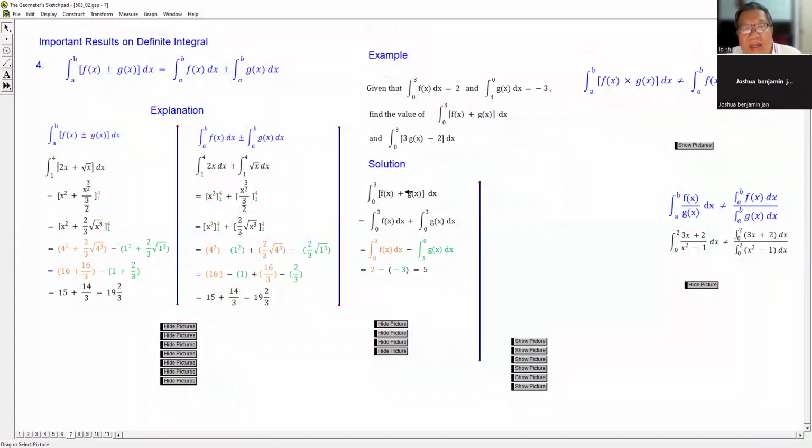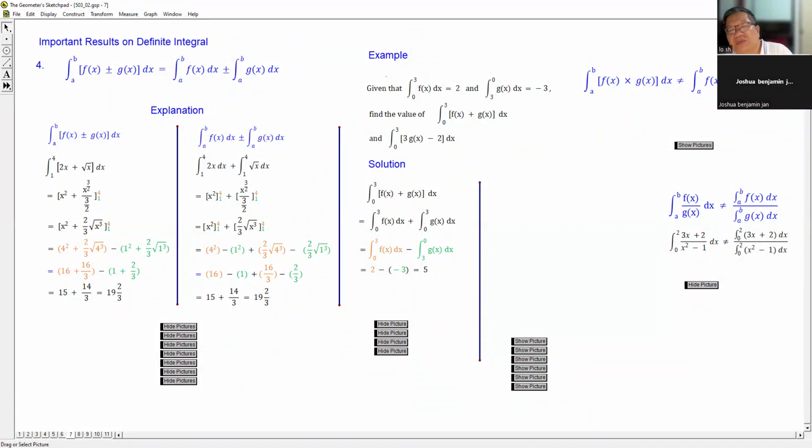For the addition of two functions, f(x) plus g(x), you can separate them as integrate f(x) plus integrate g(x). However, if you have two functions like this, f(x) multiplied with g(x), you cannot separate them like this: integrate f(x) multiplied with integrate g(x).